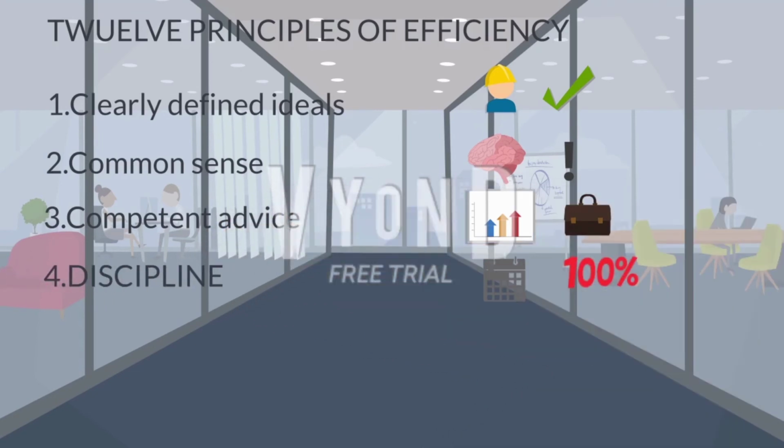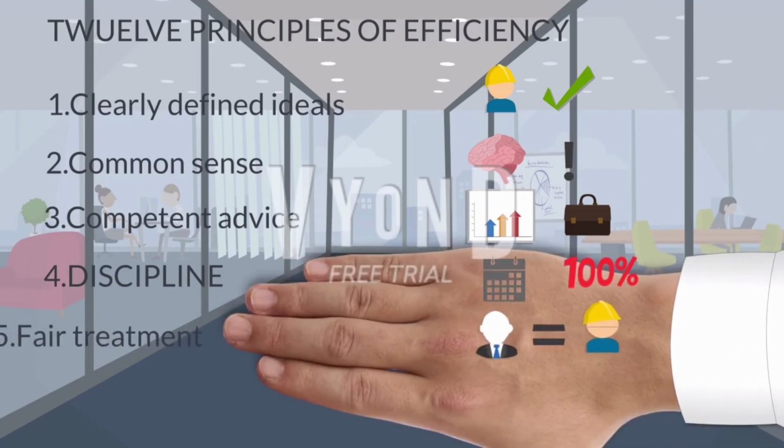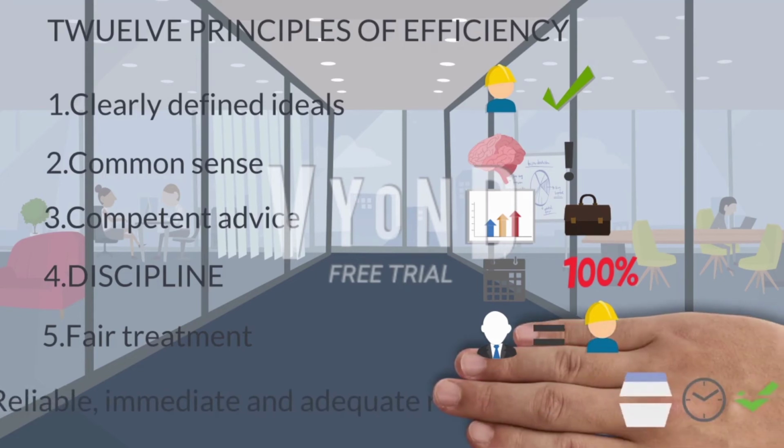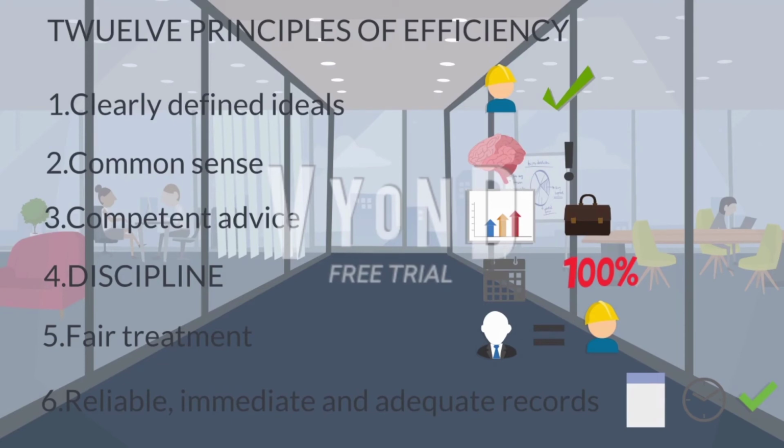Emerson said that cooperation is not a principle, but its absence is a crime. 5. Fair treatment. Managers need 3 important qualities: sympathy, imagination, and above all, a sense of justice. 6. Records. Immediate and adequate records.